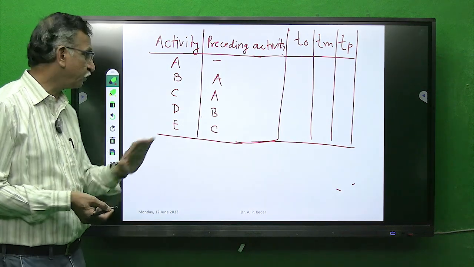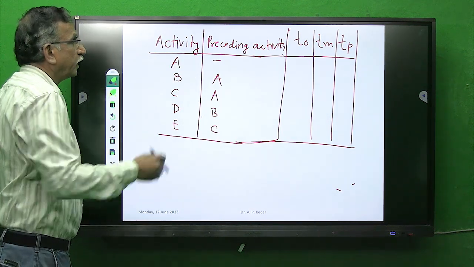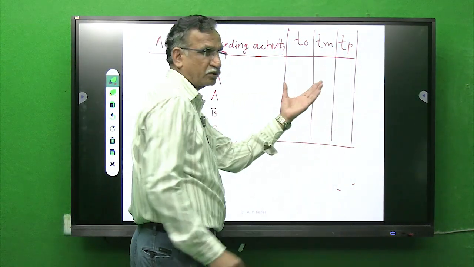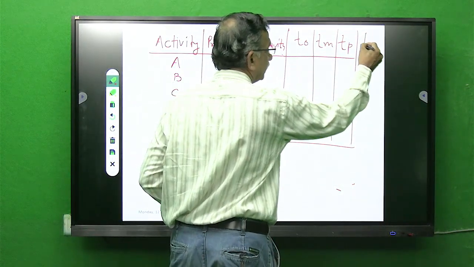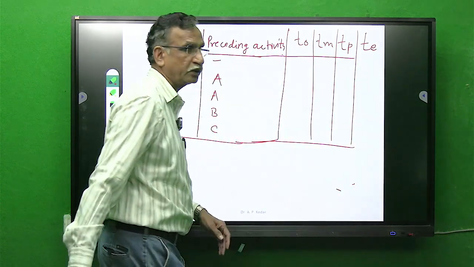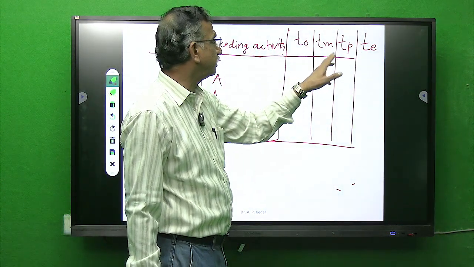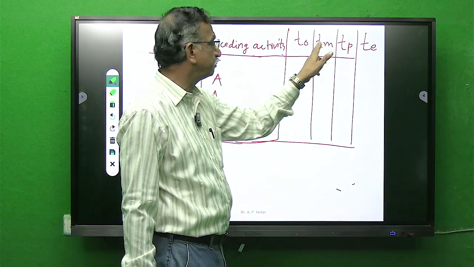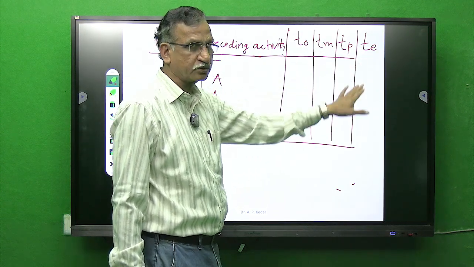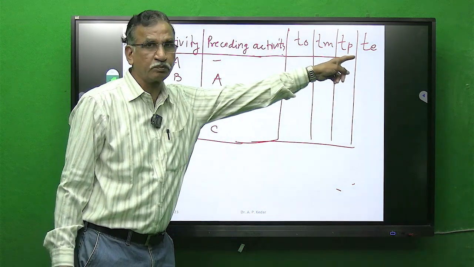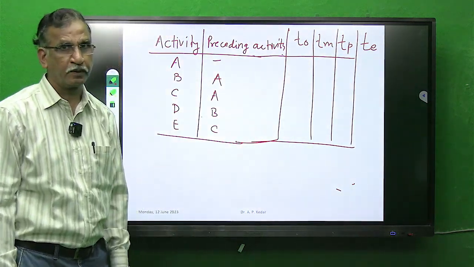Now here, looking at this, we are not bothered about these timings, because ultimately from this timing what we are supposed to calculate is, by using the formula TE is equal to (TO plus 4 times TM plus TP) by 6. That is required for calculation of TE for finding the critical path.